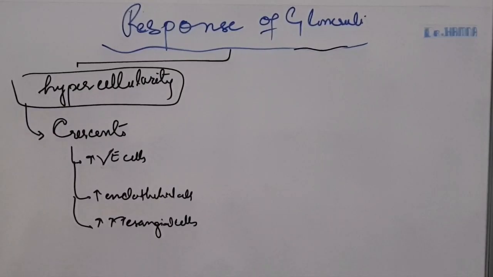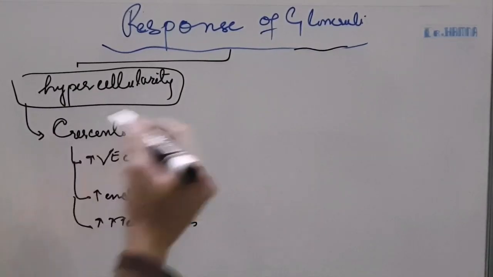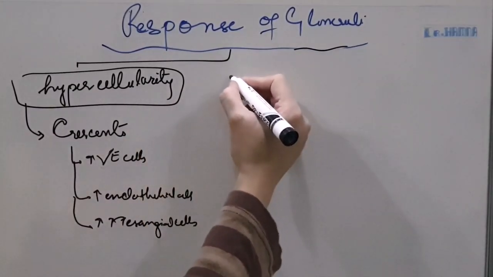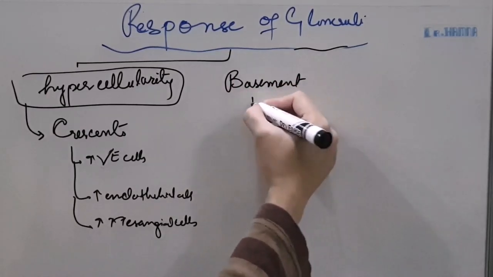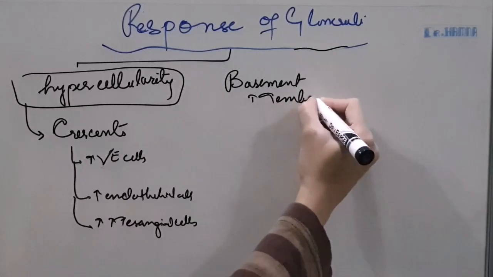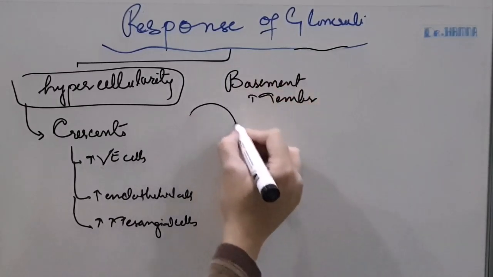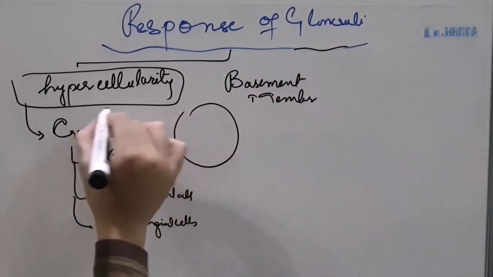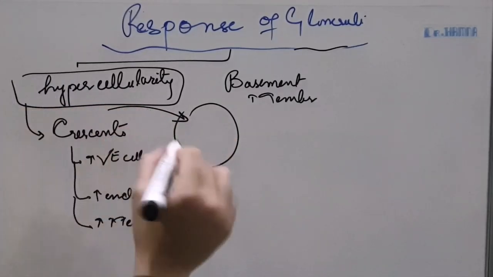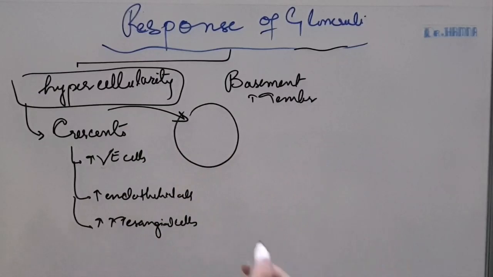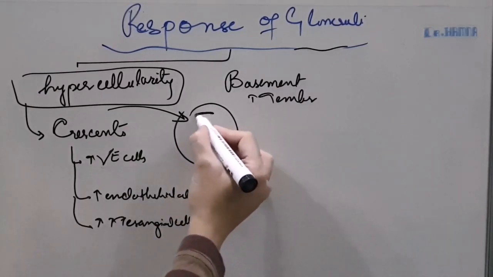Now we come to the second response of the glomerulus, and that is increase in the thickness of the basement membrane. Say, for example, if this is the glomerulus, when something injurious hits the glomerulus, it thinks maybe I'm not doing the filtration right, so the main barrier is the basement membrane.